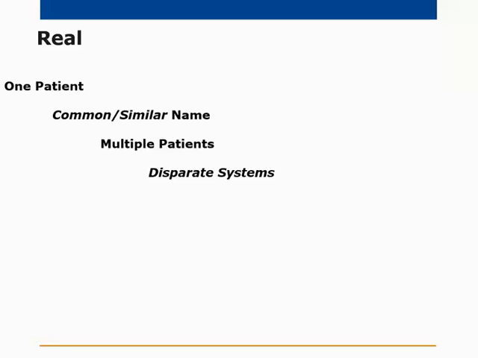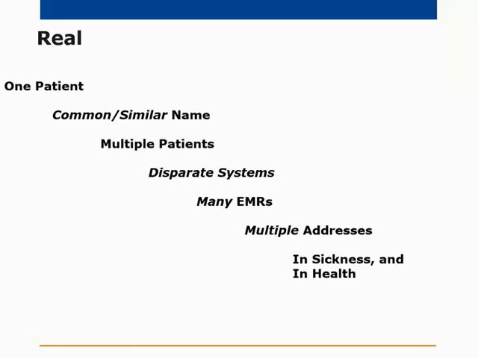And that patient has the nerve to go to multiple hospitals, multiple providers, multiple states and caregivers, and so that results in disparate systems where all of that information is shared, and many EMRs, and multiple addresses. They move, they go on vacation. There are snowbirds who have different addresses for half of each year, and that is, of course, in sickness and in health until death do some of them part.